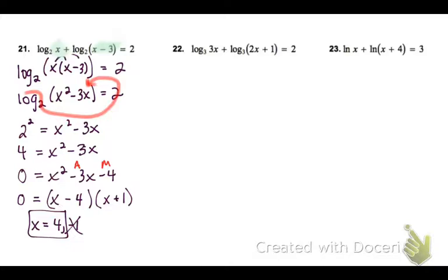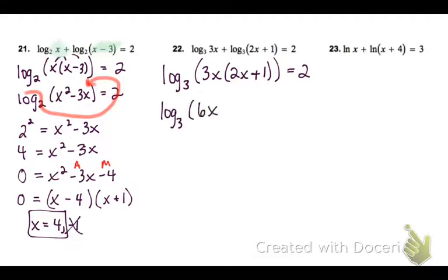Okay, number 22, again I have to condense, so I have log base 3 of 3x times 2x plus 1 equals 2. Distribute my 3x. And now I'm going to change this to exponential form.